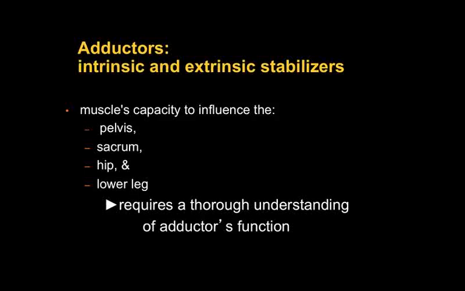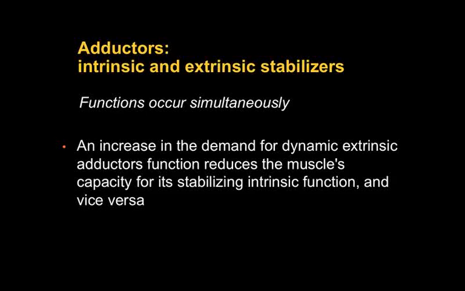Looking further at adductors as intrinsic and extrinsic stabilizers, the adductor muscle's capacity to influence the pelvis, sacrum, hip, and lower leg is required in order to have a thorough understanding. The functions of the adductors for all these different anatomical regions function simultaneously.